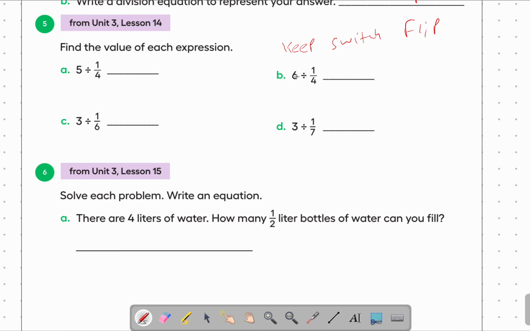Okay, so the first number we keep, so that's gonna turn into 6, times, we switch the sign. Now we're gonna flip this by 4. So this is over 1, right? Okay, so 6 by 4, we know that's 24. So that's going to be our answer. 24/1, which is still the same as 24.